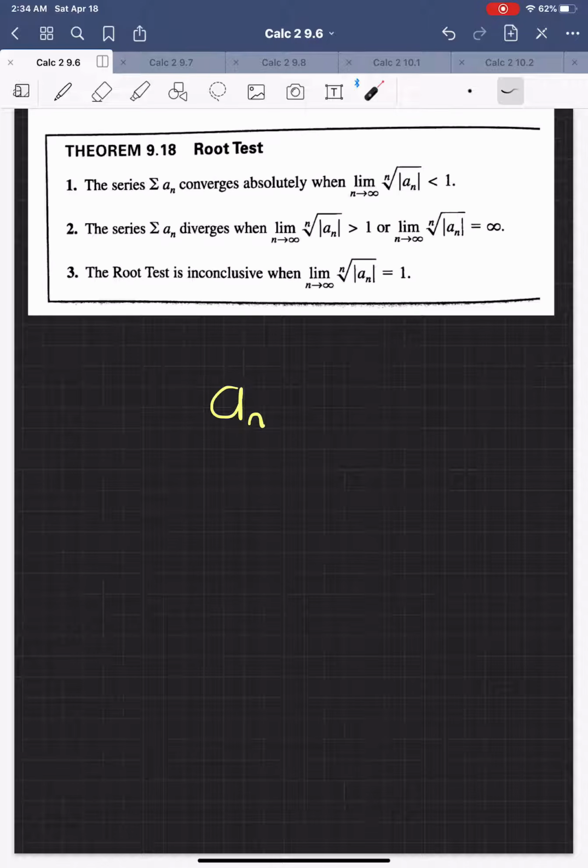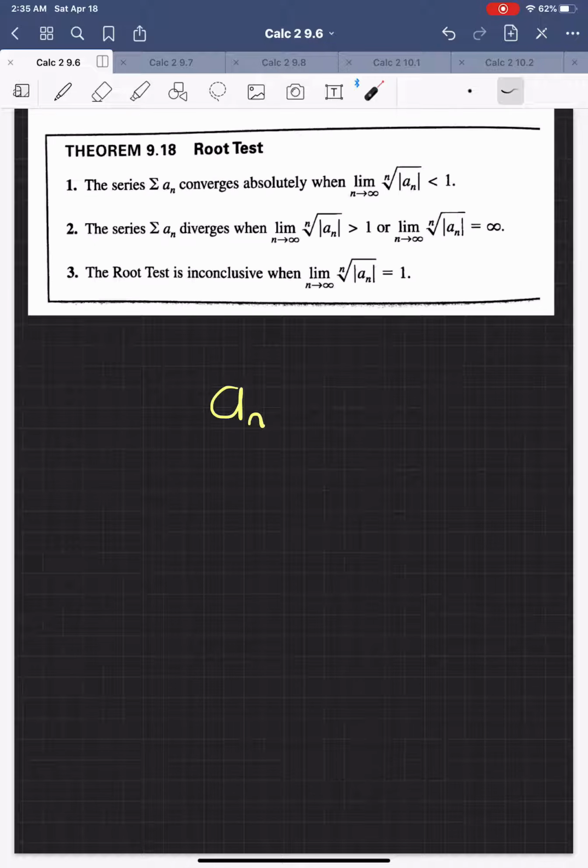So remember, you always have an a sub n, right? That's what you're given in the series. And all this root test says is, let's just take the nth root of that. Not a square root or cube root, it's the nth root of your a sub n.